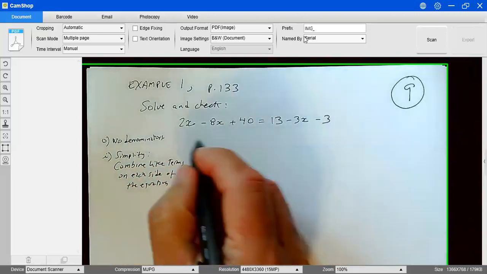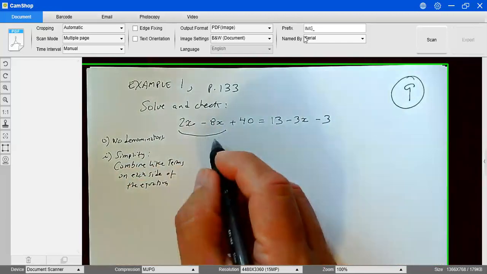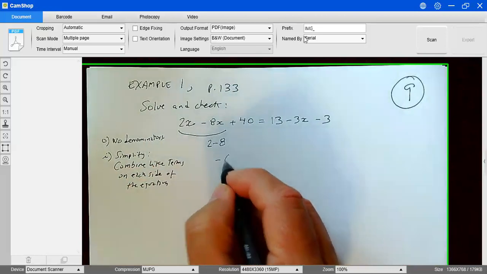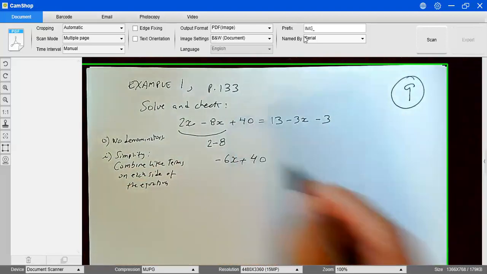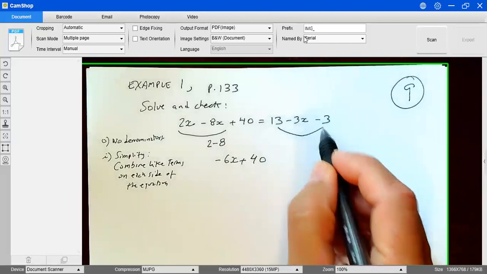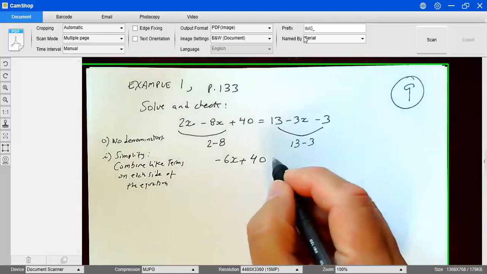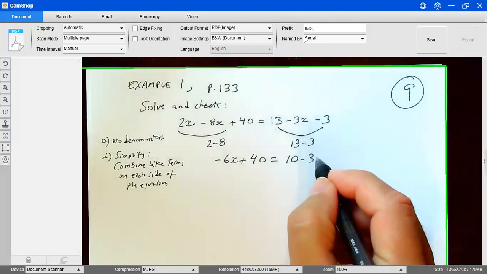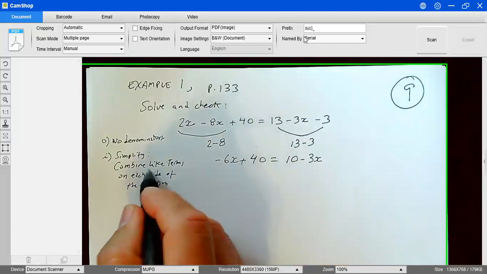In this case, 2x minus 8x: 2 minus 8 is minus 6x, plus 40. Then we combine like terms here: 13 and negative 3, so 13 minus 3 is 10. And then the remaining term is negative 3x.